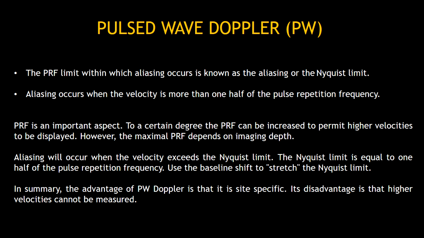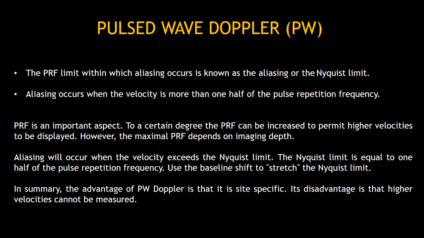When talking about pulse wave Doppler, it's very important to remember two things. First, the pulse repetition frequency limit within which aliasing occurs is known as the aliasing or the Nyquist limit. And second, aliasing occurs when the velocity is more than 1/2 of the pulse repetition frequency.